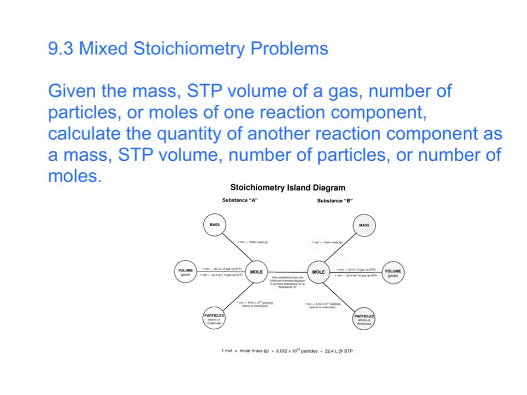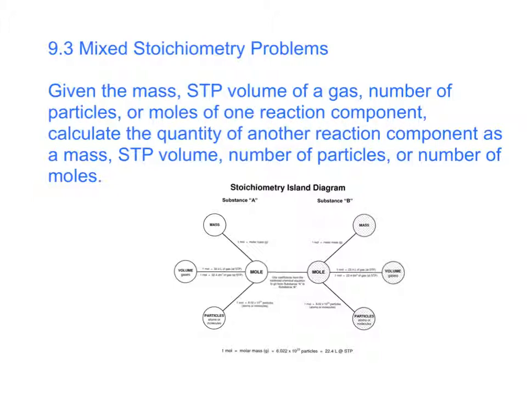Okay, now we're going to do lesson 9.3 where we mix the stoichiometry problems. That is, we're going to have mixed inputs and outputs. So you're going to be given something, but like in the first group of problems, we always gave you the mass. Now you could get the mass, you could get the STP volume of the gas, or you could get the number of particles or moles of one of the reaction components.